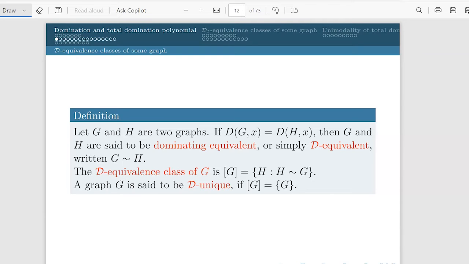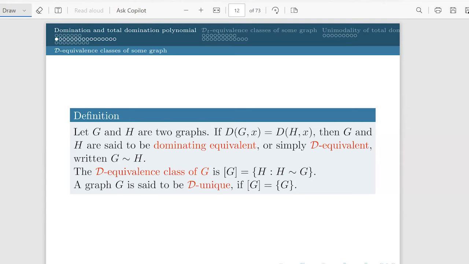And so we can define the equivalence class of G, as this bracket [G], which contains the graphs H such that H has a relation with G, and this relation is: H is related to G if the domination polynomial of H is equal to the domination polynomial of G.